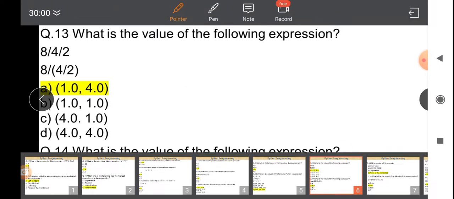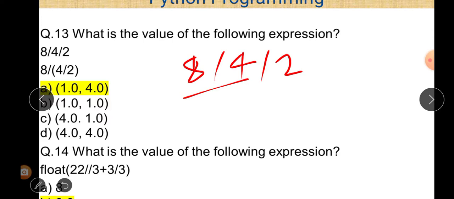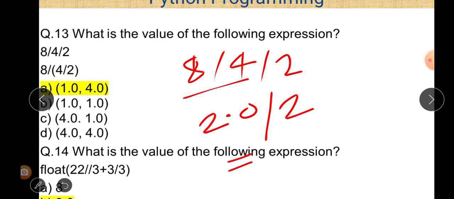So first of all, 8 is divided by 4, that is 2.0, and the answer is always reflected as a float value. Then 2.0 is again divided by 2, which gives 1.0.